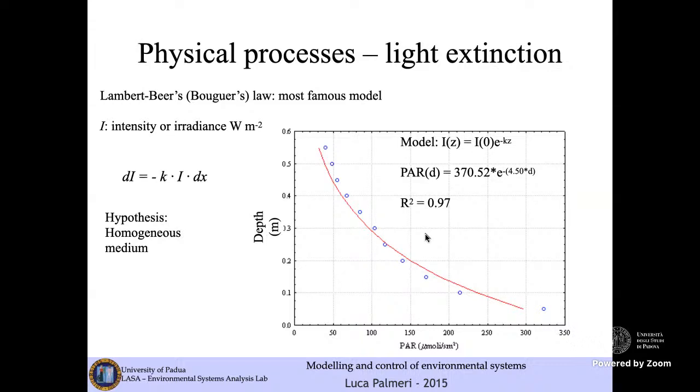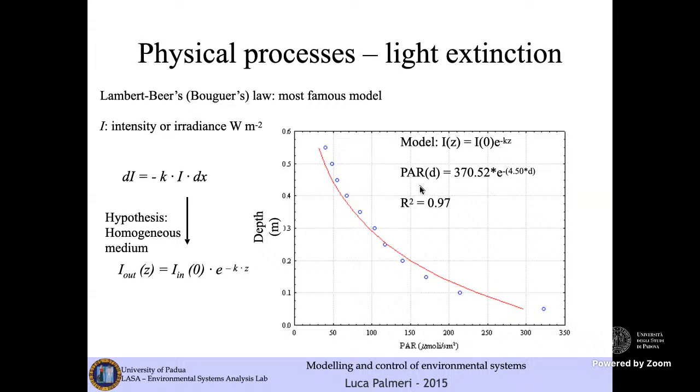The model is a classical first order kinetic model, in which we write that the intensity of light at depth z is equal to the intensity of light on the surface of the water body, multiplied by an exponential decreasing factor e to the power minus kz.